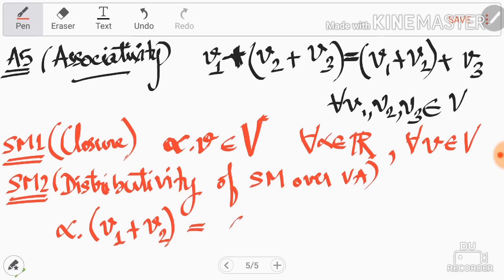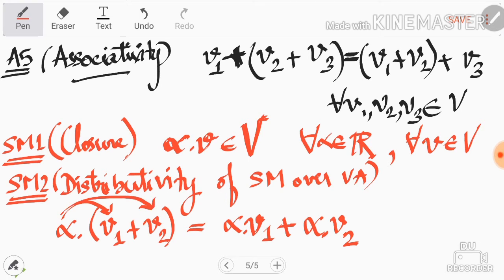This is same as you stretch the vector v1 by alpha. You multiply the vector v1 with the scalar alpha and you add it to another multiple of v2 by the same scalar. So this simply means that alpha can be brought inside. So alpha times (v1 plus v2) is equal to alpha v1 plus alpha v2, and this is true for every alpha belonging to the set of real numbers and for every v1 and v2 belonging to V.